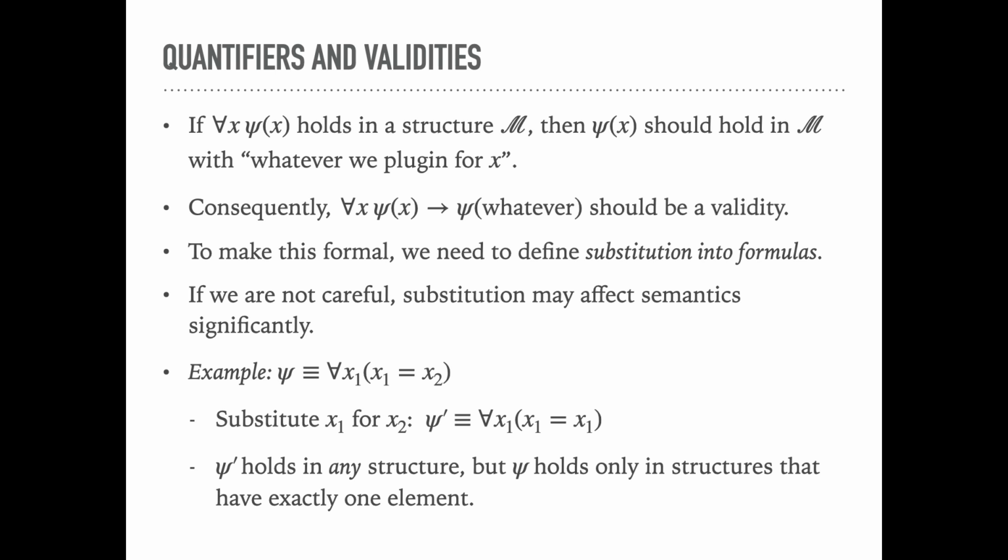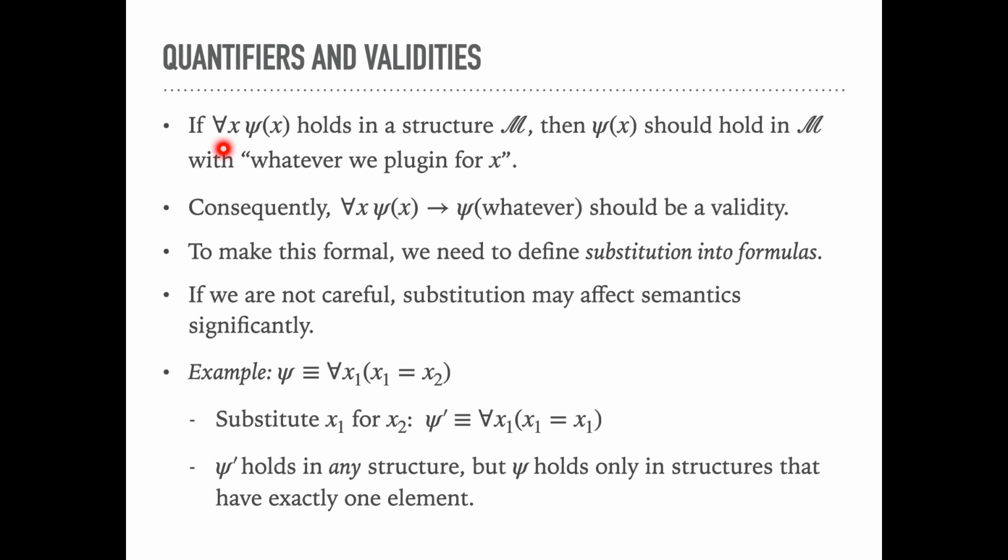Going back to the last lecture, we looked at validities, and the last example of validities were the so-called quantifier validities. There's more quantifier validities, and one intuitively derives as follows.